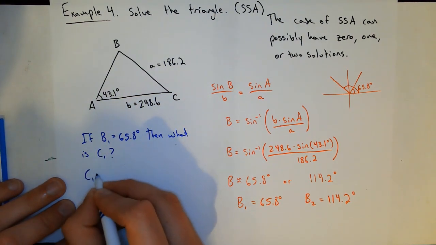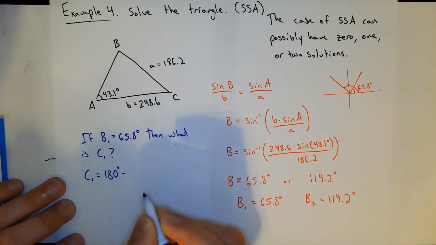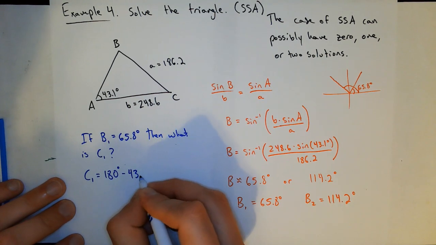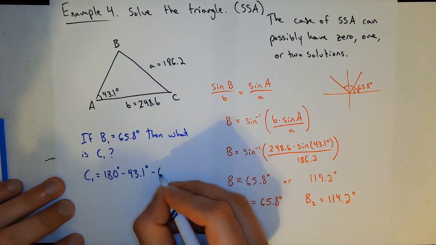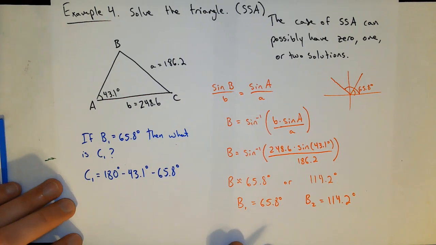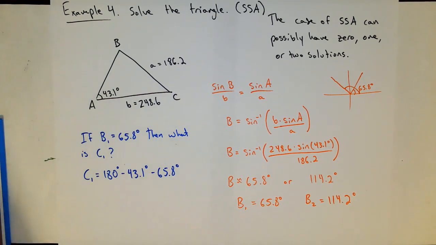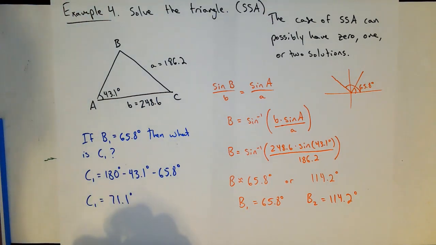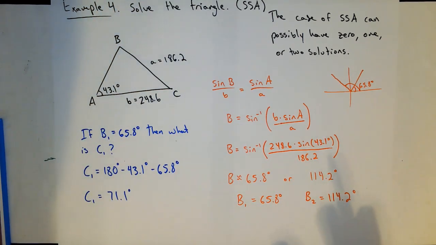Well, C1 will be equal to 180 degrees minus A, which is 43.1 degrees, minus 65.8 degrees. 180 minus 43.1 minus 65.8 is 71.1. Okay, so that is a legitimate angle. That means this does represent a possible triangle, and we have to go find the missing side, the lowercase c.